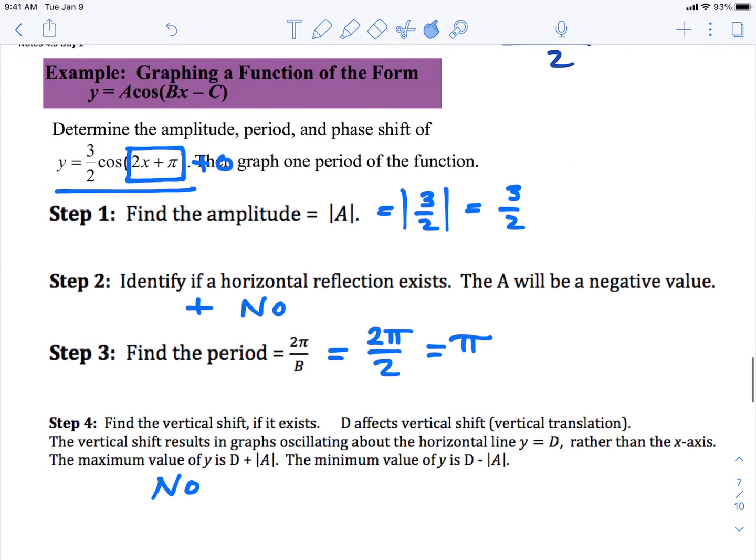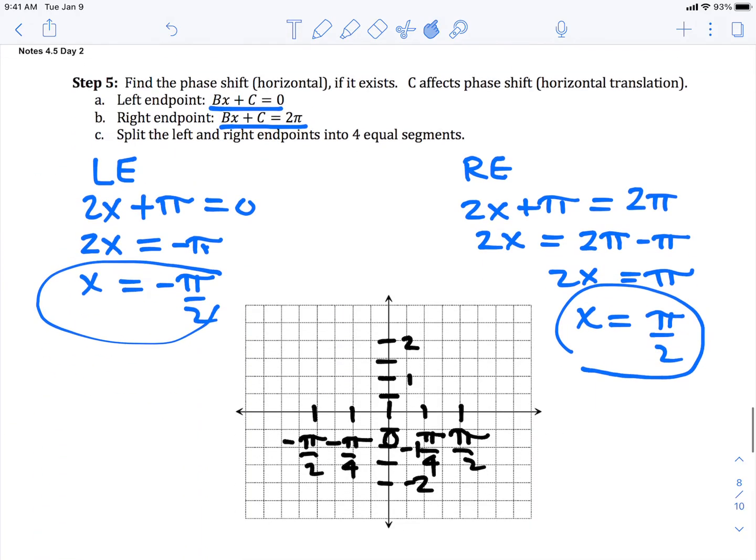Now I'm ready to graph it. The amplitude is 3/2. The length of one revolution is pi. The vertical shift does not exist. Left endpoint starts here, right endpoint starts there. So we are going to start on the horizontal axes at negative pi over 2.